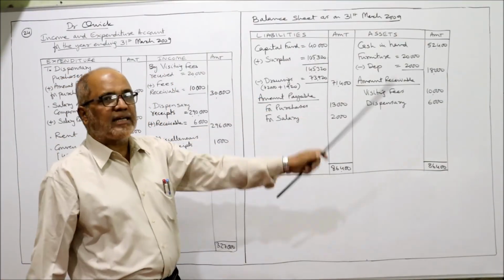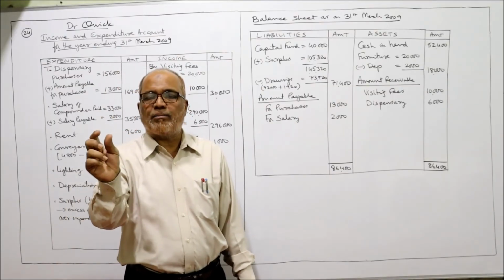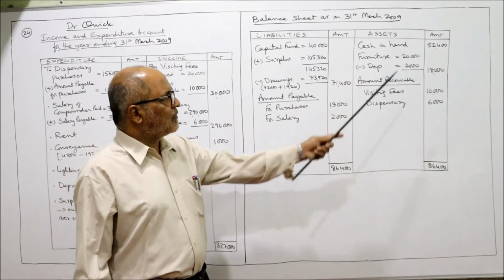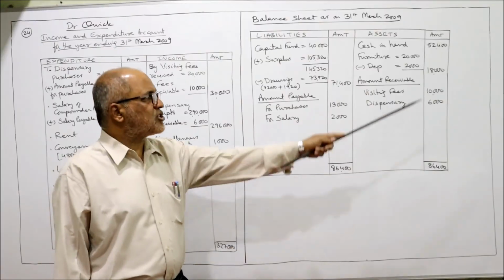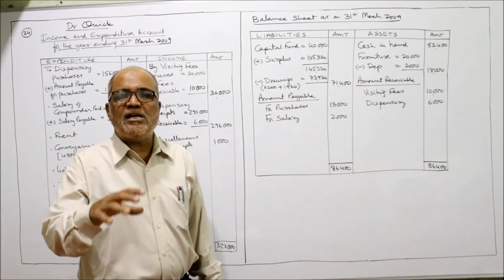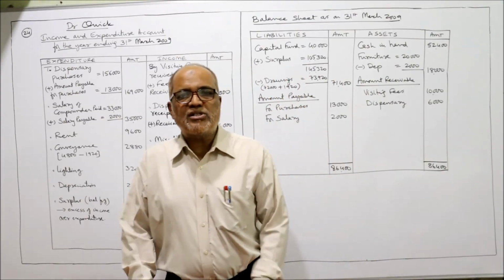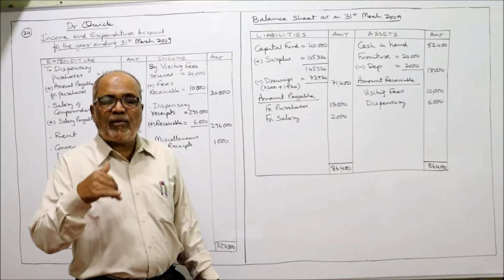Now come to asset side, cash in hand. In the receipts and payments account, last item, right hand side, by closing balance. So cash balance at the end of the year, 52,400. Furniture purchased 20,000, but depreciation already provided 2,000. Deduct 2,000, 18,000. Now amount receivable.